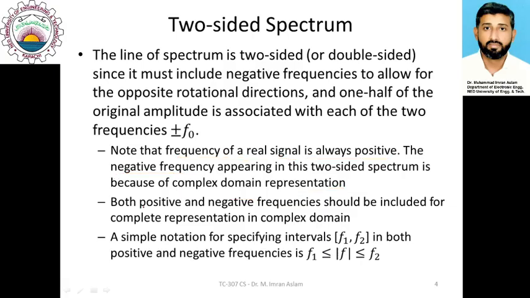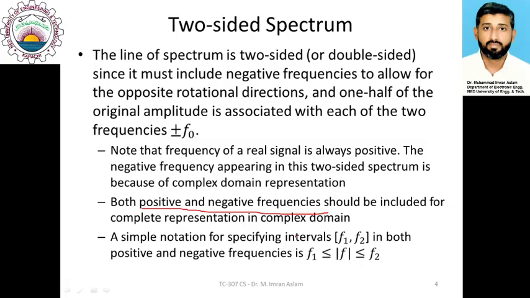And of course both positive and negative frequencies should be included for the complete representation of the signal. The representation would be incomplete if you only show positive frequency or only show negative frequency, because the complete description would involve both the frequencies.